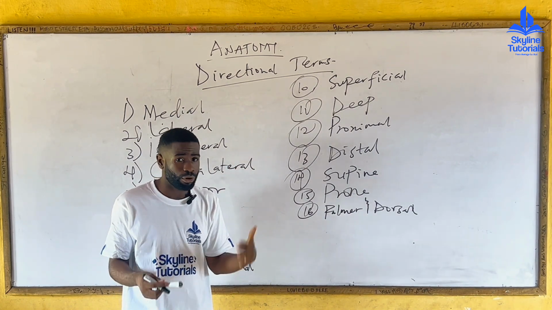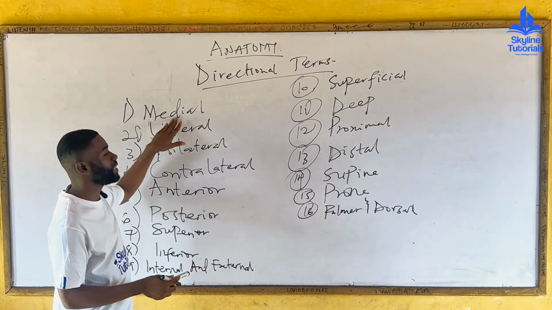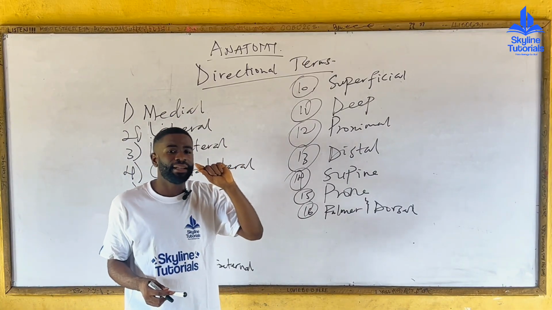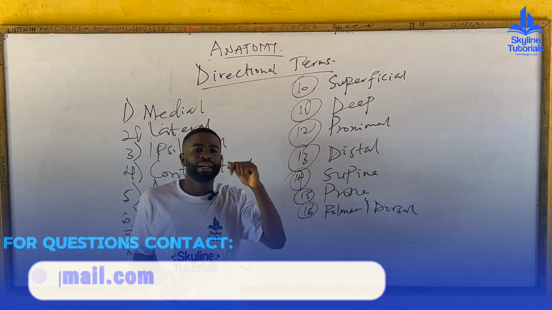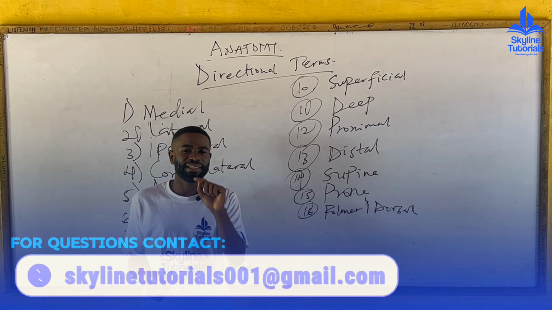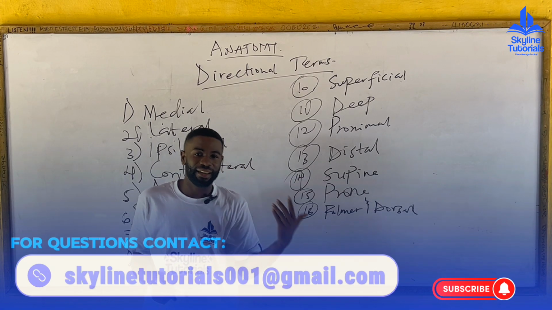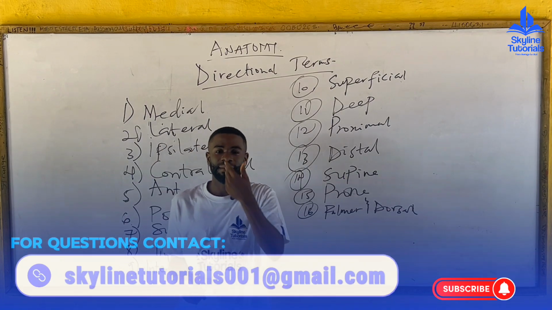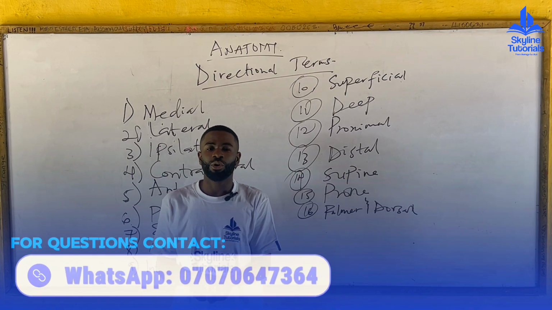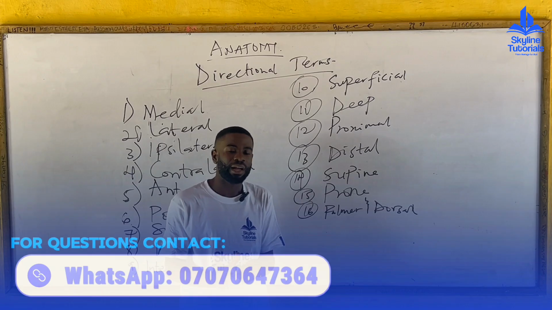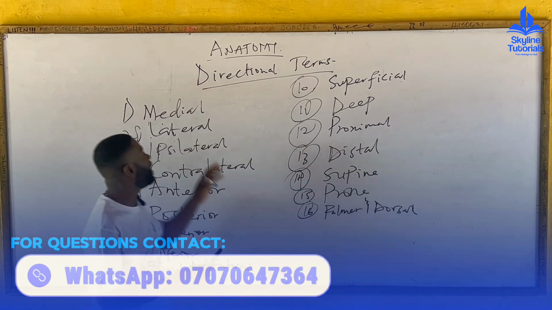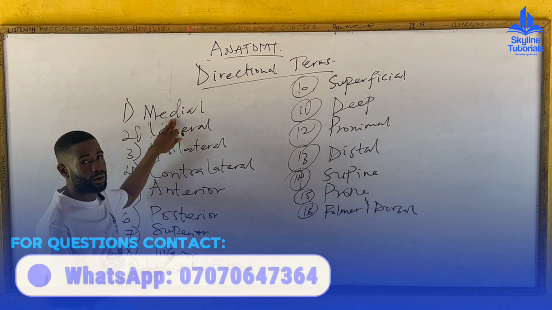Remember, we said in the previous episode that the median plane divides the body into two equal left and right halves. So we would have the median plane somewhere around here. So any structure that is closer to the median plane is termed medial.